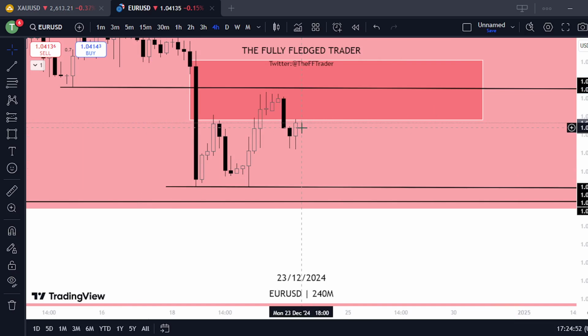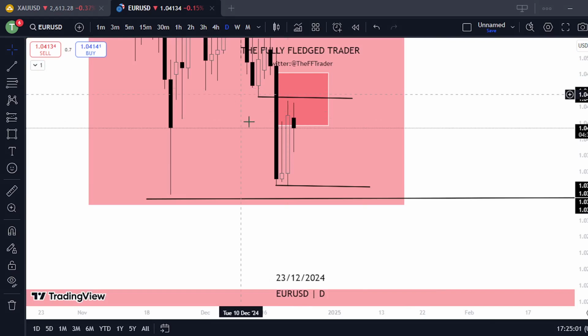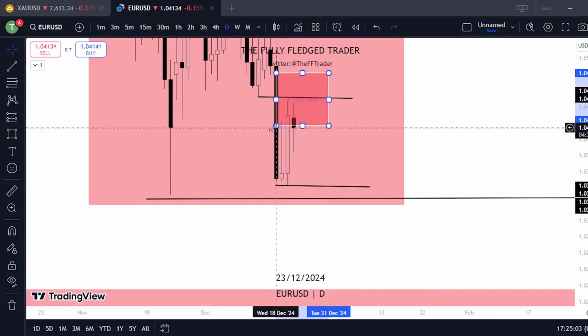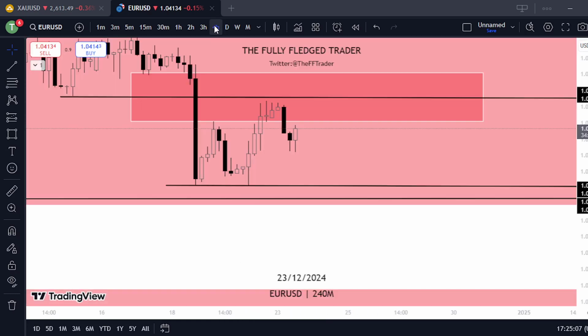So for this inefficiency that is on the daily chart, I have another that is within it on the 4 hour chart.